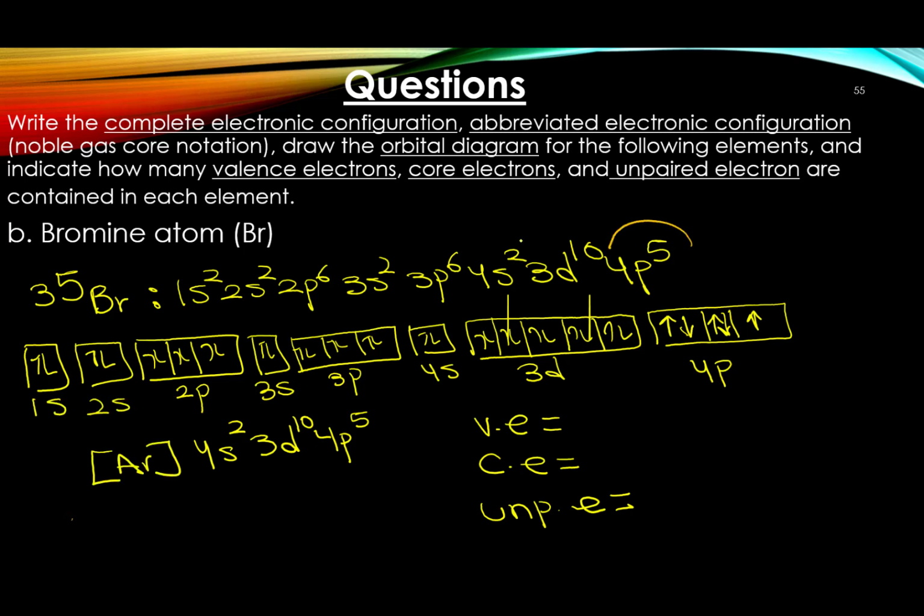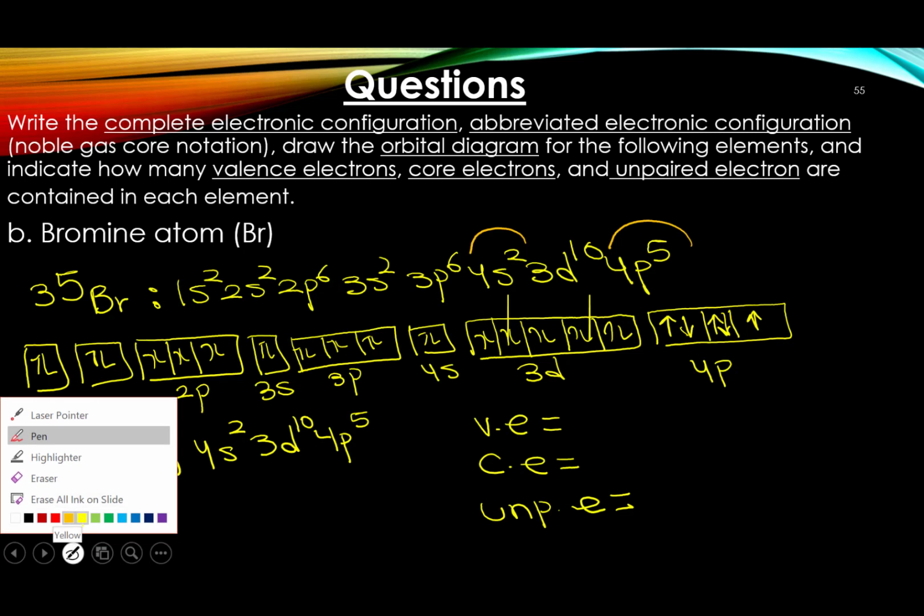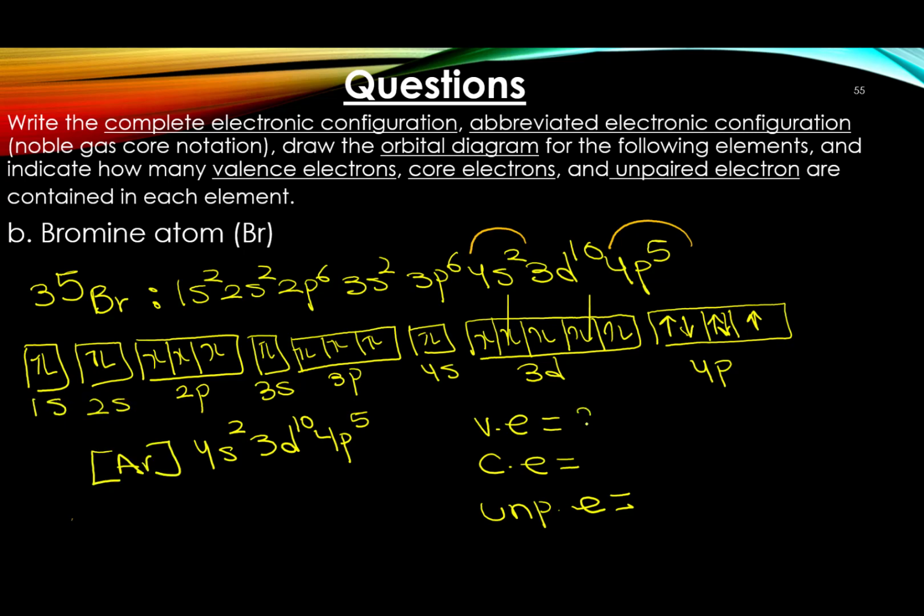This one and this one is our valence shell. And how many electrons in the valence shell? It's 2 plus 5, which is 7. Then bromine has 7 valence electrons.